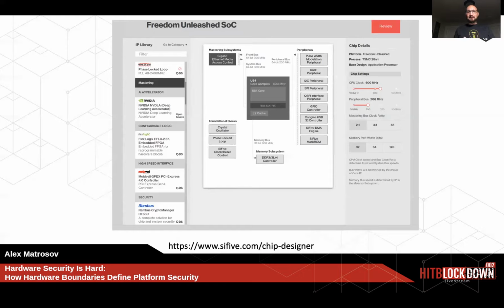It's basically like creating a puzzle. You put a lot of components on the picture, and afterwards you get your own silicon. But this simplicity creates a huge problem for threat modeling and security, because you take a third-party component without understanding how secure it is and whether it fits your security requirements.